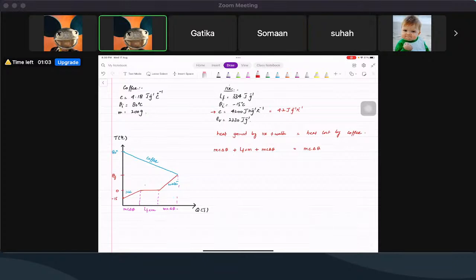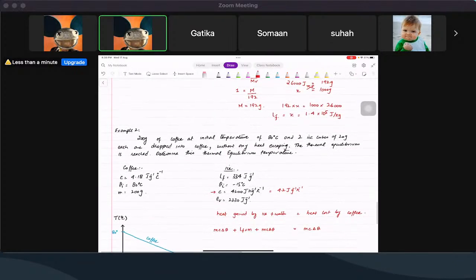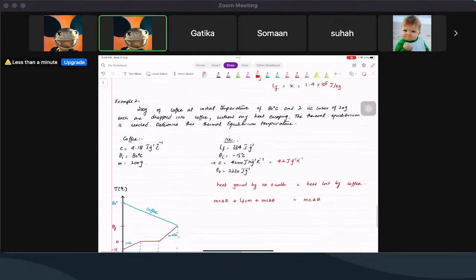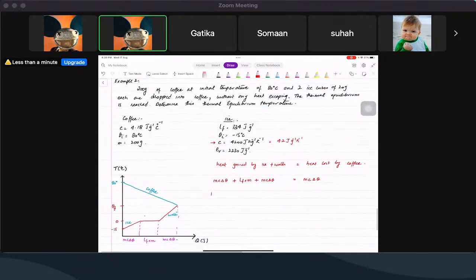There were two ice cubes. Two ice cubes means if each was 20 grams, the total is 40, right? So I'm going to write 40 here. In fact, I'll start from here because this will be a big equation. This will be C is 4.2, and delta theta goes from 0 to minus 15, like this. So I got the first change.